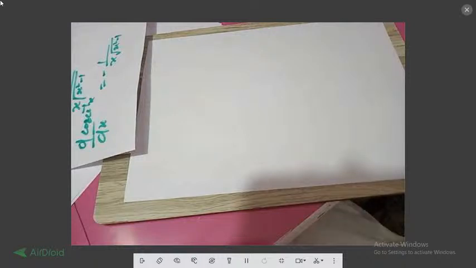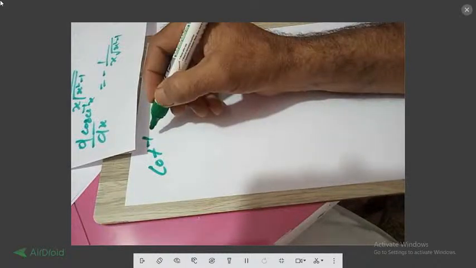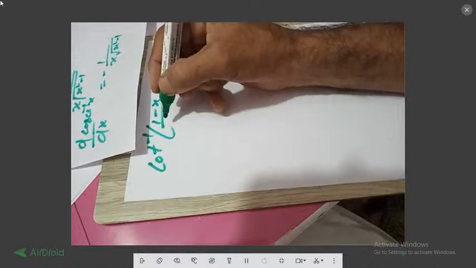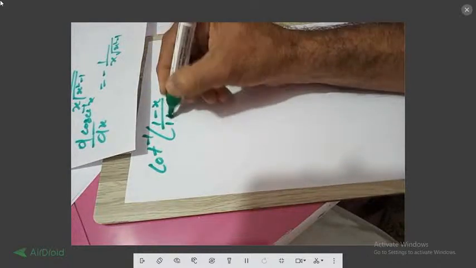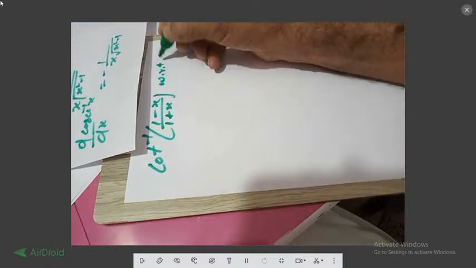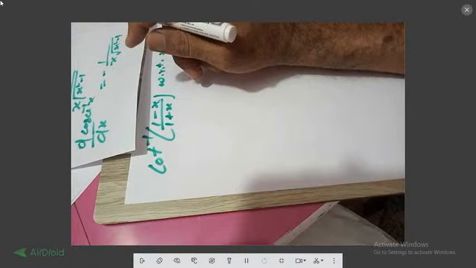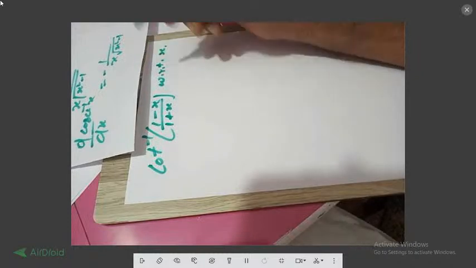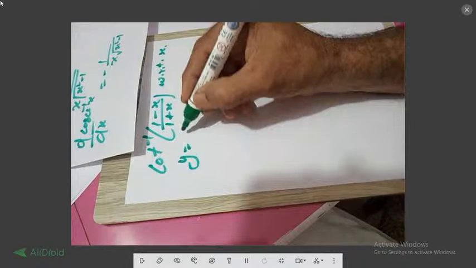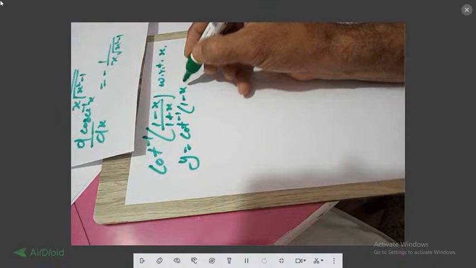Let's take a question. Find the differentiation of cot inverse of 1 minus x upon 1 plus x with respect to x. First of all, let y is equal to cot inverse 1 minus x upon 1 plus x.